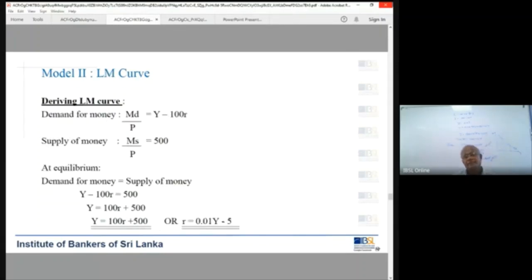LM: demand for money and supply of money. Demand for money is Y minus 100R. Supply of money is 500. At equilibrium, the money market is in equilibrium: demand for money equals supply of money. That gives the LM curve.